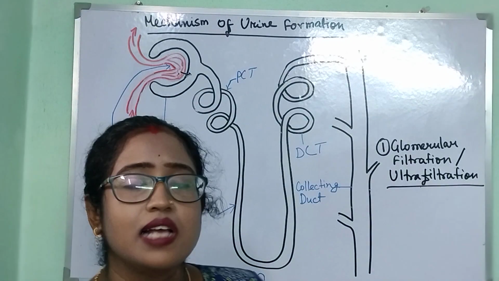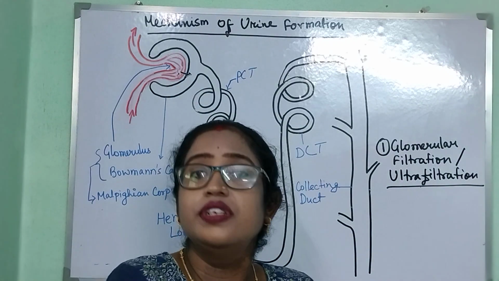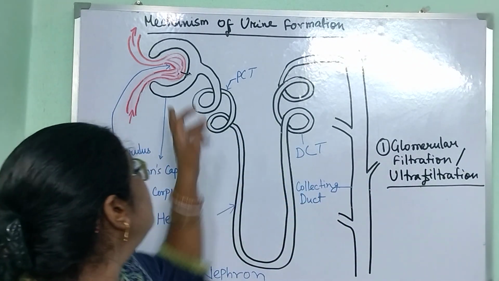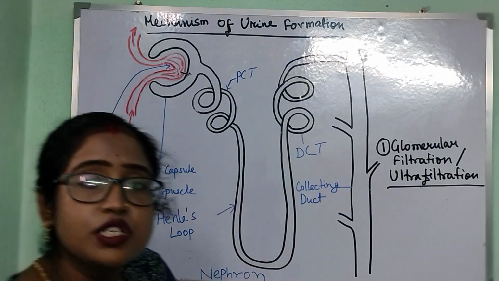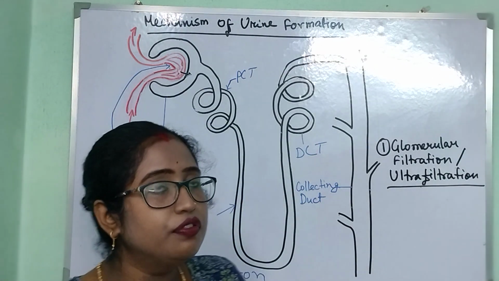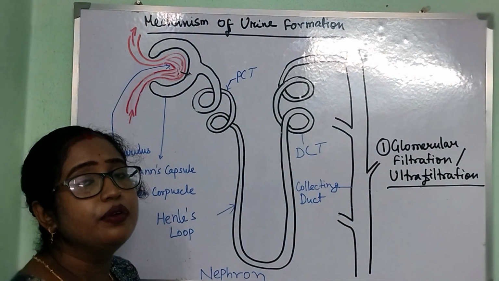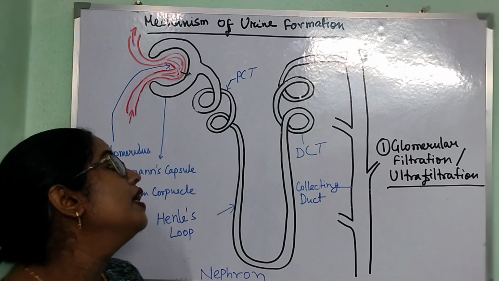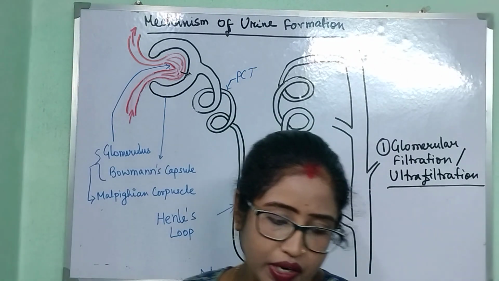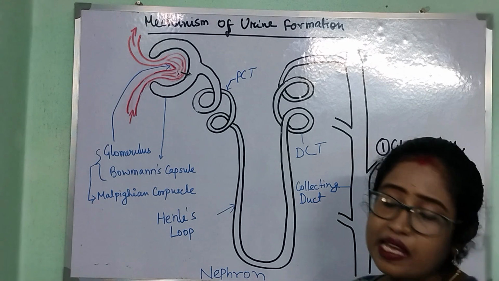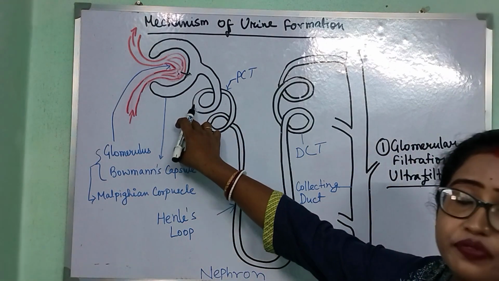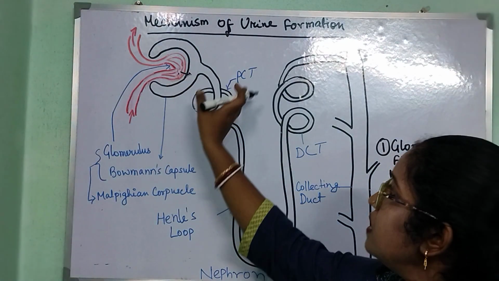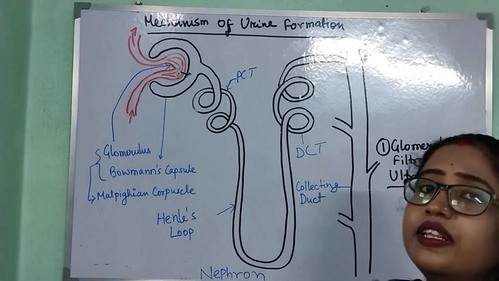So the glomerulus acts as an ultrafilter. This process is known as ultrafiltration, and the material, along with the water that filters into the Bowman's capsule, is known as the glomerular filtrate. Next, the filtrate is passed out into the PCT.